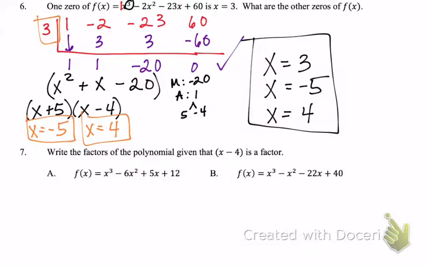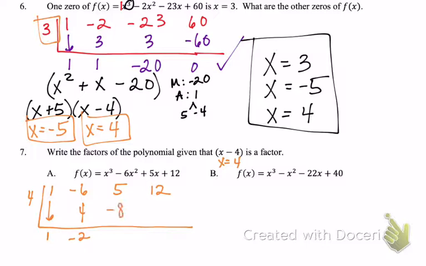For number 7, same thing. X minus 4 is a factor, so that means x equals a positive 4. I'm going to use synthetic division. I have a 1, a -6, a 5, and a 12. 4, add them, -2, -8, -3, -12, 0. Then I rewrite this as x squared minus 2x minus 3.